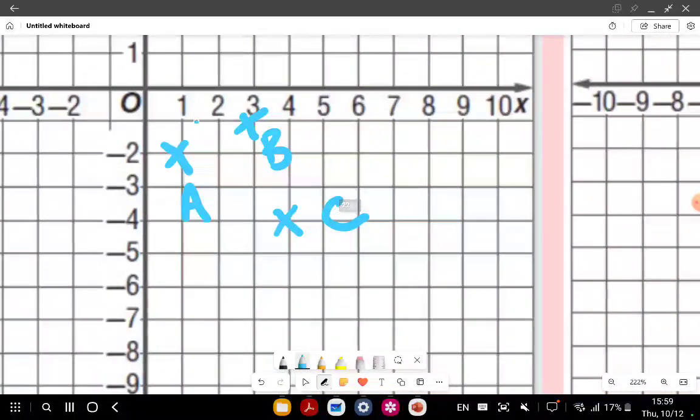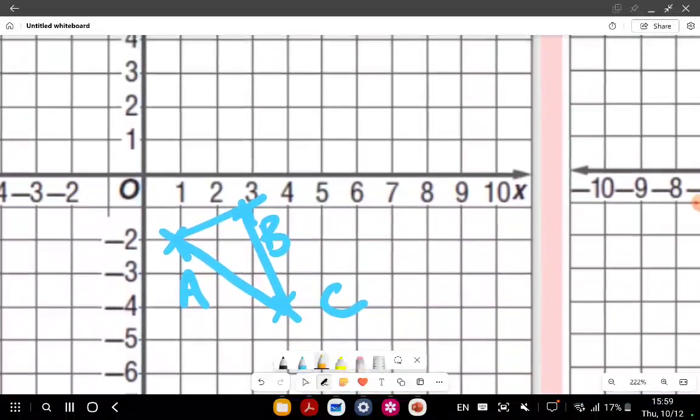Okay, so let's connect the dots. This over here is our triangle, and then we reflect about the x-axis. So this is 2 steps to the x-axis and 2 steps away. This one is 1 step there, 1 step away. This one is 1, 2, 3, 4, and 1, 2, 3, 4.